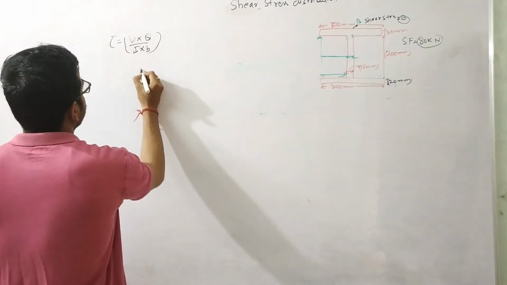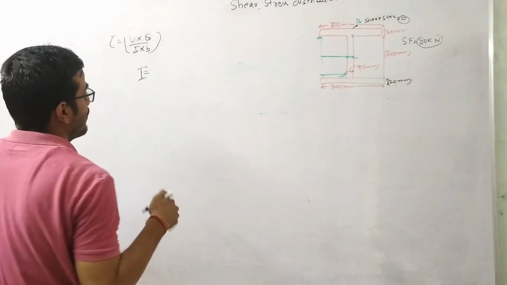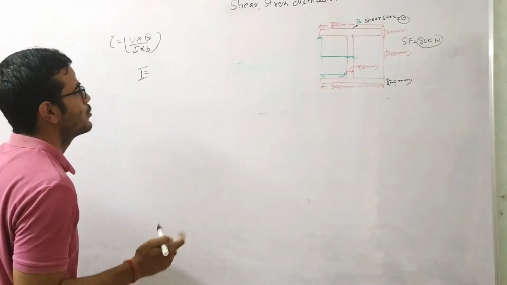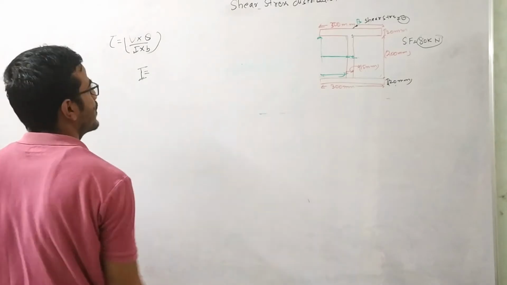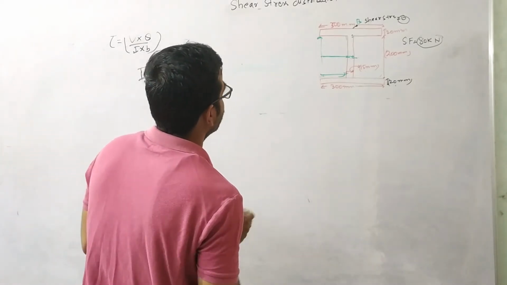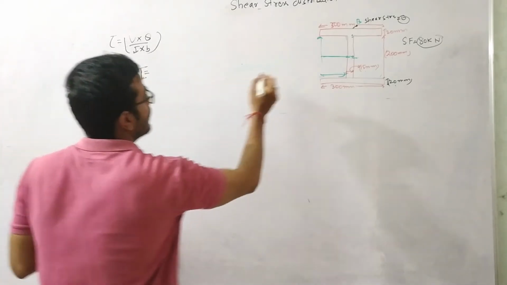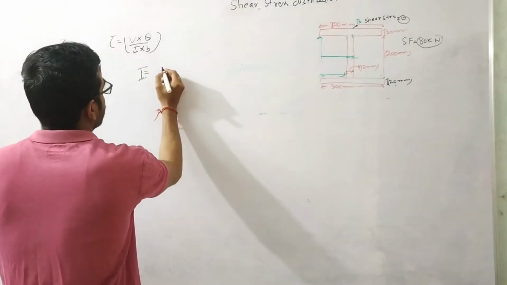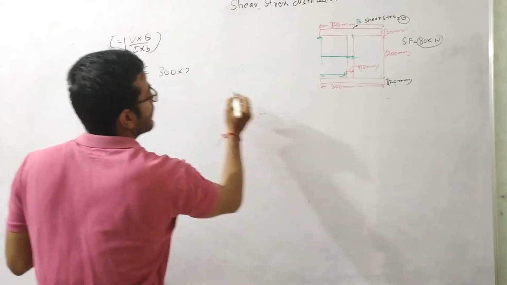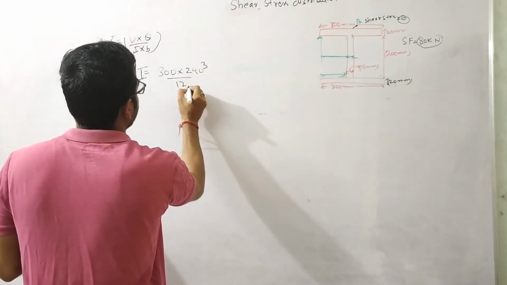First I will calculate I, which is the basic first step, because if you calculate I, you will get some marks. If this question is of 10 marks, you will get at least 1.5 or 2 marks here. So if you don't know anything else, just calculate I. First I will calculate this as a complete portion: 300 into 240 cube over 12.